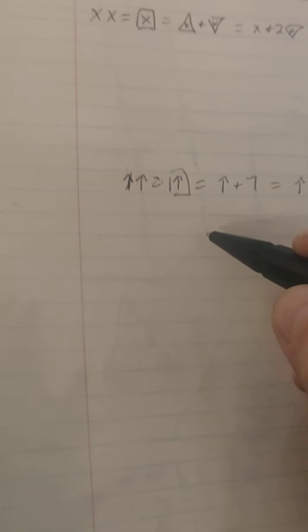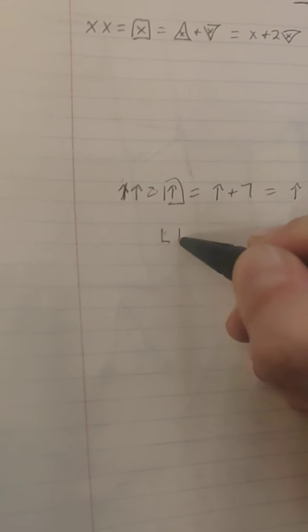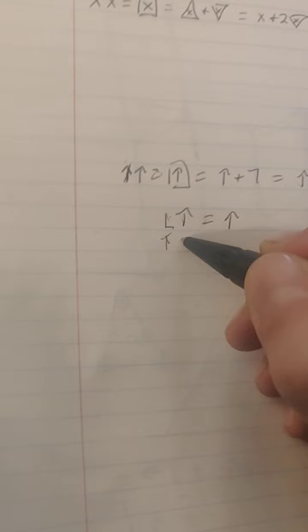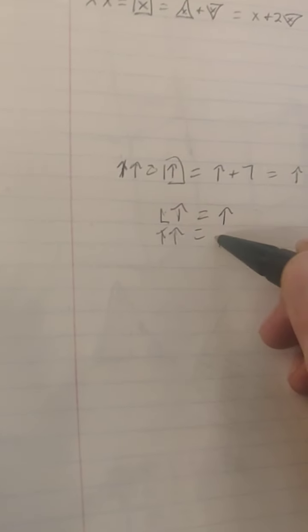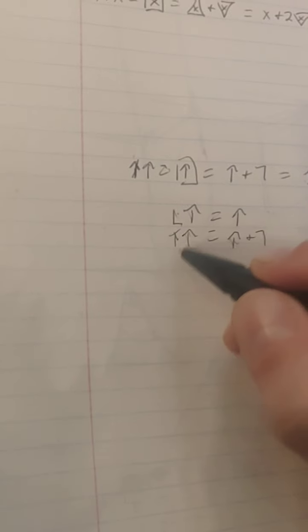So the cycle for this, let me try and keep this in focus here. The cycle for this goes something like this. So 1 times up equals up. Up times up equals up minus 1, right?